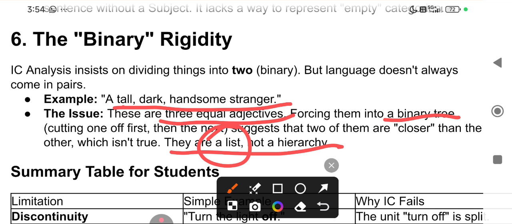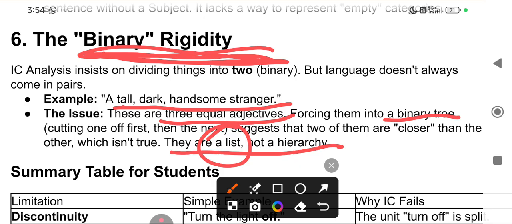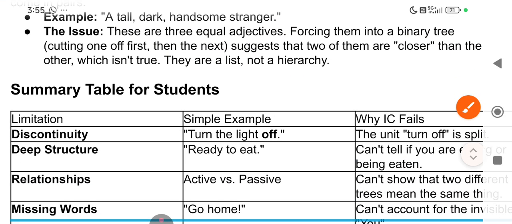But in IC analysis we follow hierarchy, and that is why meaning is not clear, meaning will be distorted in fact. So because of binary rigidity, IC analysis is not able to tell when a number of adjectives are used in a sentence. So these are the limitations.